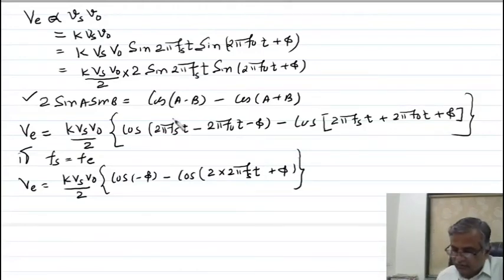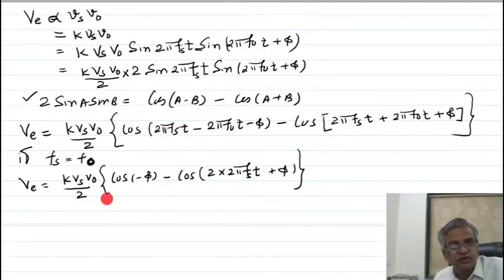Look here, when these two are equal, this term is cancelled, so you will get this equation. This is the equation of the output voltage when both signals have equal frequency, the input signal and the signal coming from the VCO.